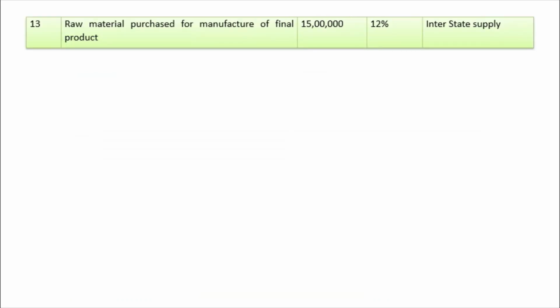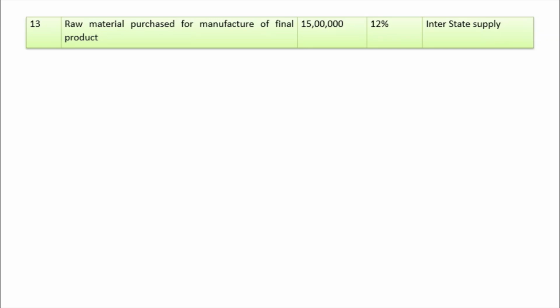Raw material purchase for manufacture of final product, amount is 15 lakh, rate of GST is 12% and it is an interstate supply. As it is an interstate supply, IGST will apply. Now, as raw material is purchased and it is going to be used for the manufacture of final product, it is directly used for the outward supply.